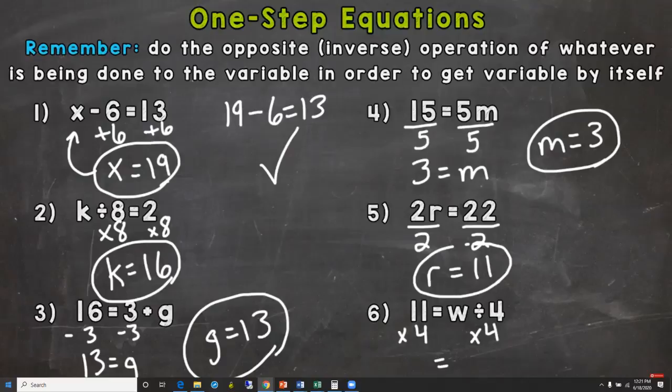So we end up with an answer of 44 for the value of w. So w equals 44. And let's double check. 44 divided by 4 does equal 11. So we're good to go with number 6.